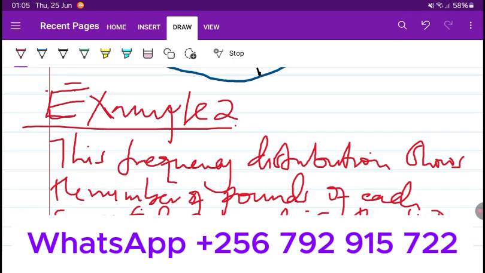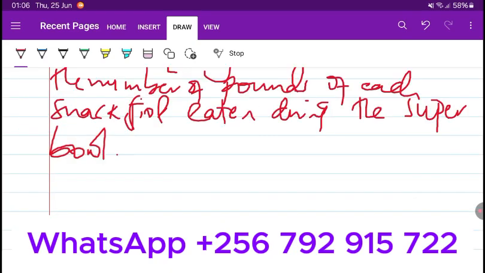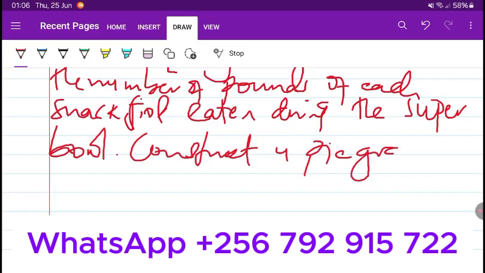So we are saying construct a pie graph for the data.